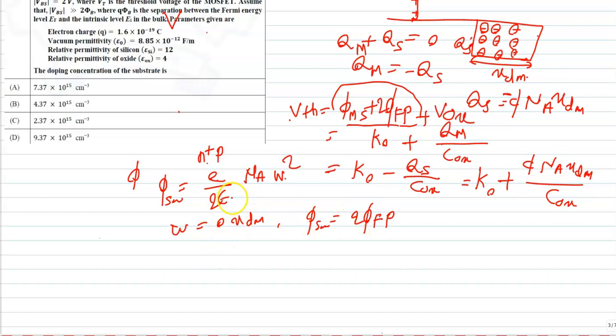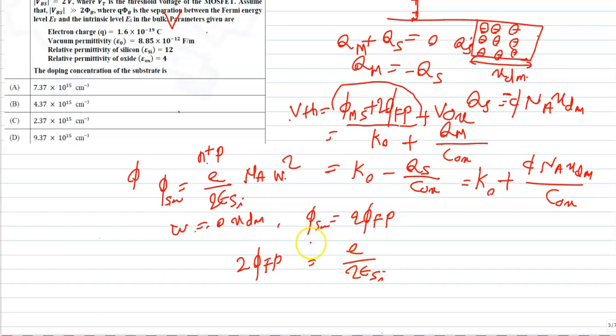Now you can eliminate this W. This W is equal to xdm, and phi surface is equal to 2 phi Fp is equal to E over 2 epsilon. This epsilon is for the silicon, because you will also use epsilon for the oxide, for finding the capacitance, that is the oxide capacitance.